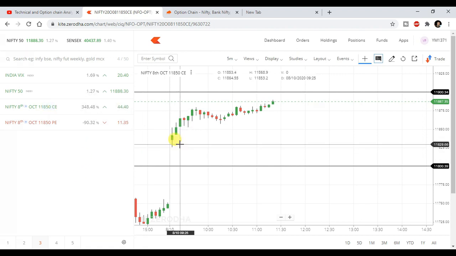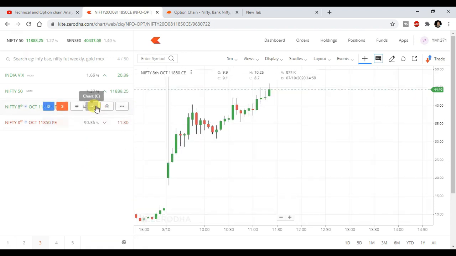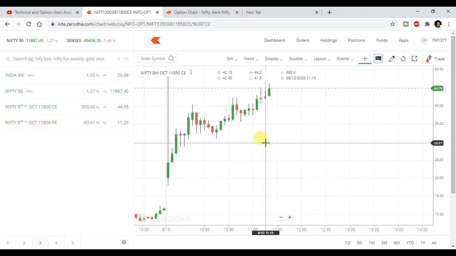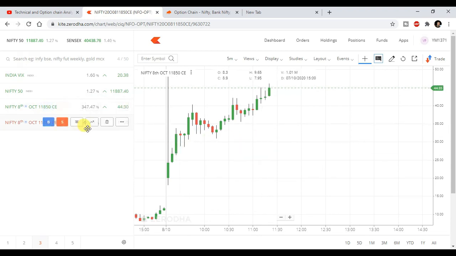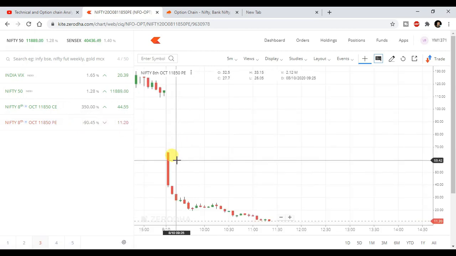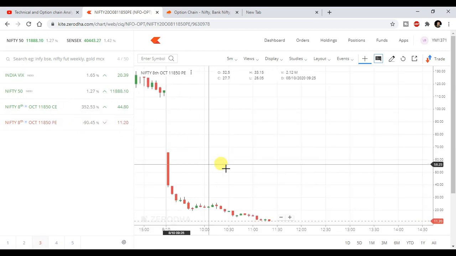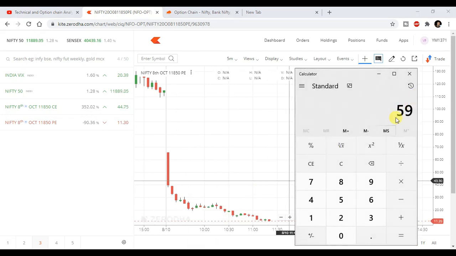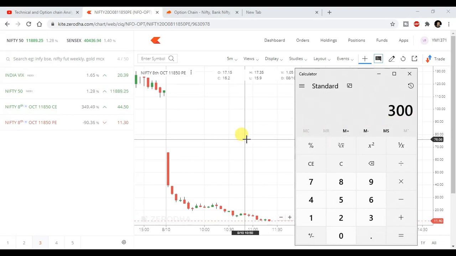We sold the CE at around 27 and it is trending around 44. We shorted the PE at 32 and it is trending around 11 rupees. We got a premium of 59, and if we deduct 44 and 11, we have a profit of 4 points. As the lot size of Nifty is 75, we would be in a profit of around 300 rupees as of now.